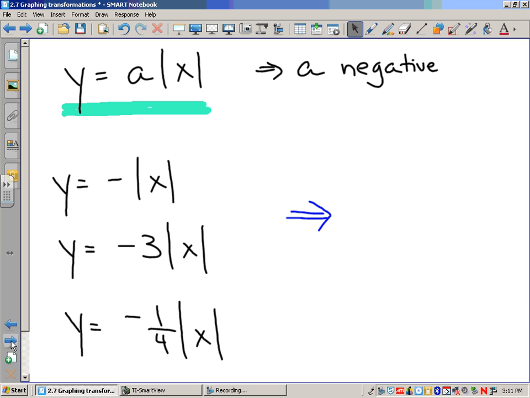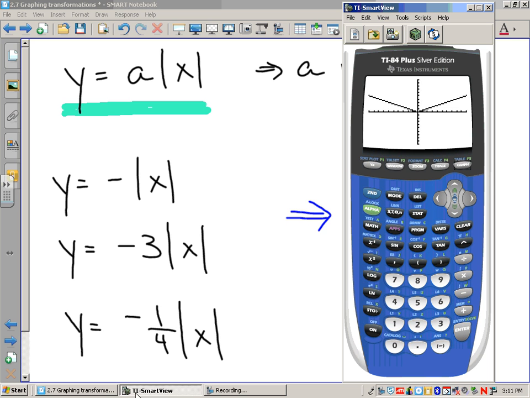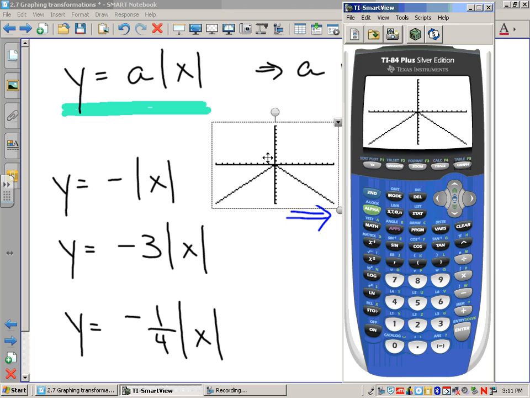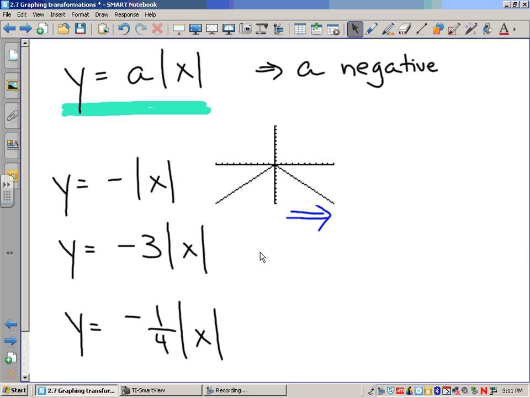If we put a negative out in front of the absolute value of x, instead of being right side up, now your graph is upside down.